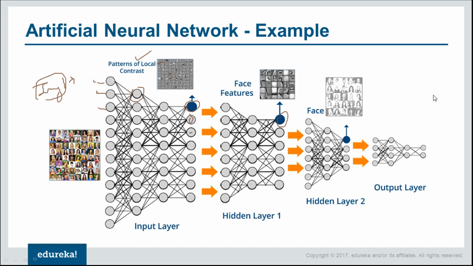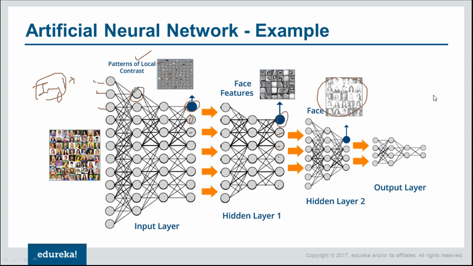Face features like eye, so one of them might be showing eye, this particular neuron might be taking care of the nose, and other kinds of features are coming, right? And then further when we merge them together and do some more calculation, we might reach the faces directly, right? Then we might say okay, this particular one would be fired if face one, this would be fired if face two, and so on, right?